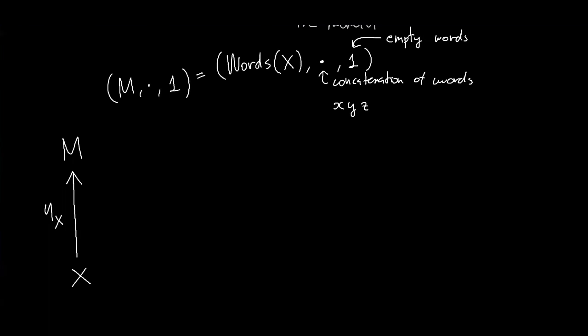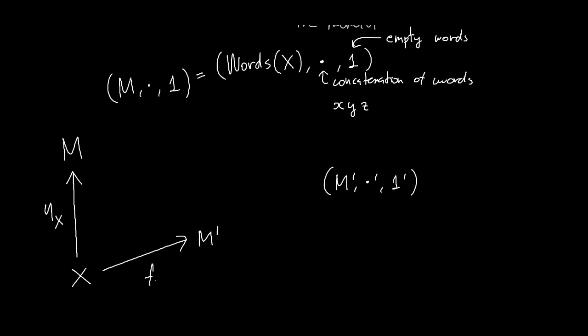Before stating it for a general functor, in this specific case, what we will observe is that if I had another monoid, maybe I'm going to call it M prime, and I had a way to move from X to M prime, this would mean that the elements of X are now interpreted as elements of M prime, right?